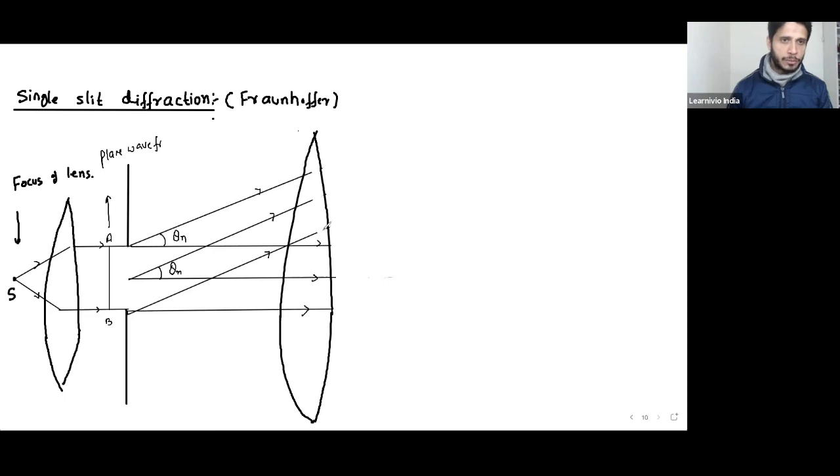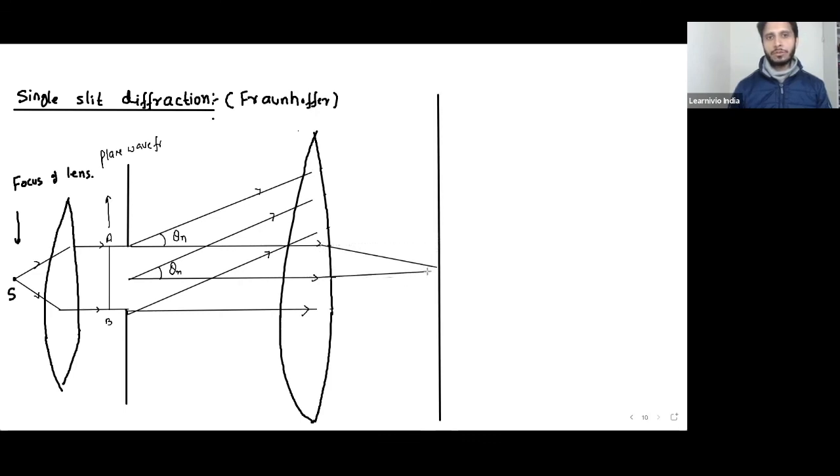So when these waves pass through the lens, they will get converged. I'm choosing the focal length of the lens in a way that all the waves get converged at the screen. So this gets converged here, this here, this here, and these here too.